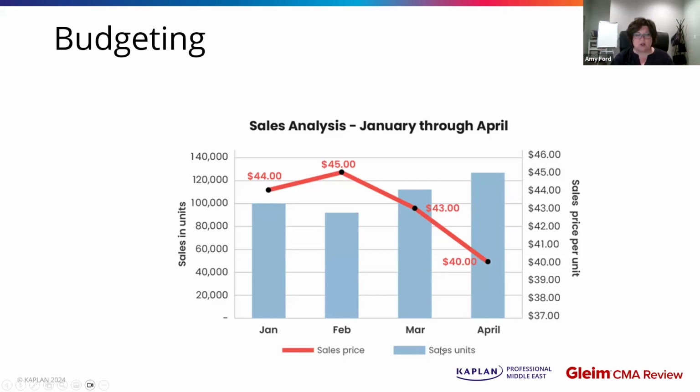So we've clearly identified down here that this light blue is the sales units, and this red line is now our sales price. That is our second axis that we've added. Now, I want to know, do you think this is better than the first one? Do you guys agree that this is better than the first one?